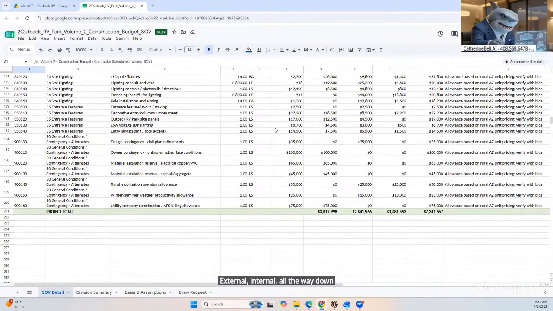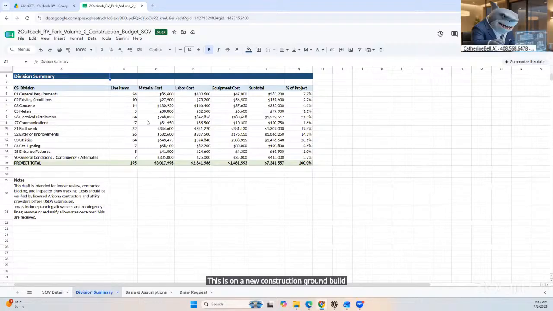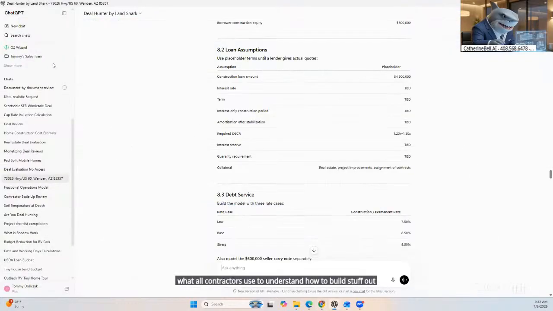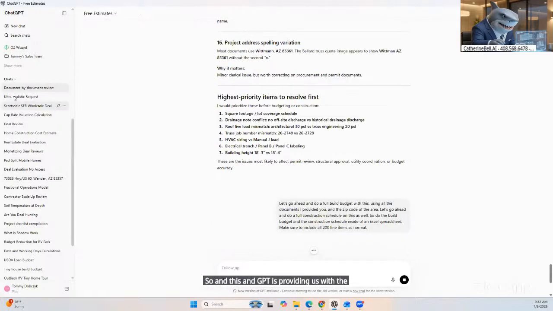This is on a new construction ground build. The SOV is what all contractors use to understand how to build stuff out, and GPT is providing us the opportunity to do that.